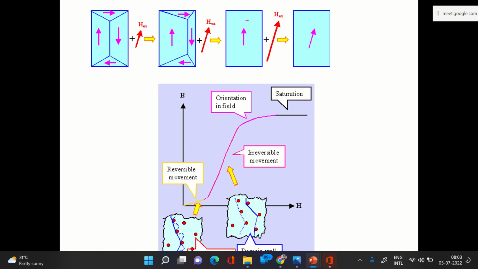So what we are seeing is that after it becomes a single domain, there is rotation of the domain.